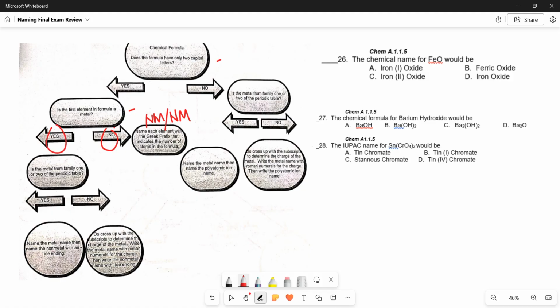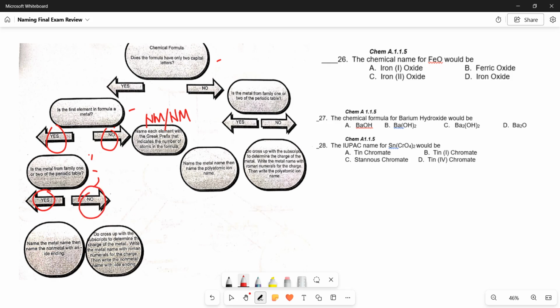If the answer is yes, the first element's a metal, the next question is, is that metal found in family 1 or 2? If it is an alkali or alkaline earth metal, you can just name it, like sodium or magnesium. You don't have to worry about multiple oxidation charges, and then you name the non-metal with an -ide ending, like chlorine becomes chloride.